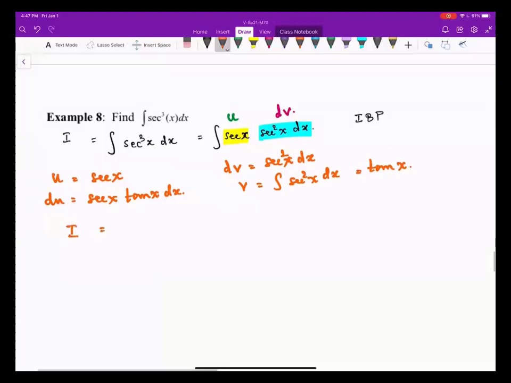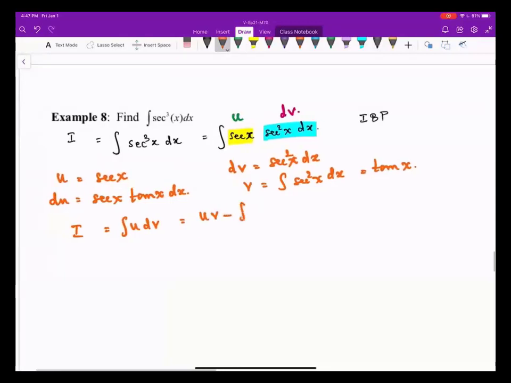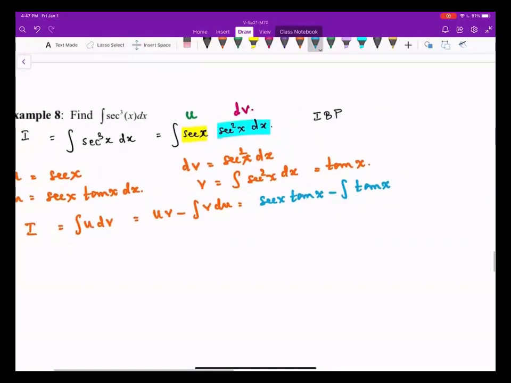So I is written as the integral of u dv, so it is uv minus the integral of v du. So uv, that is secant x tan x, minus the integral of v, which is tan x, times du, which is secant x tan x dx.